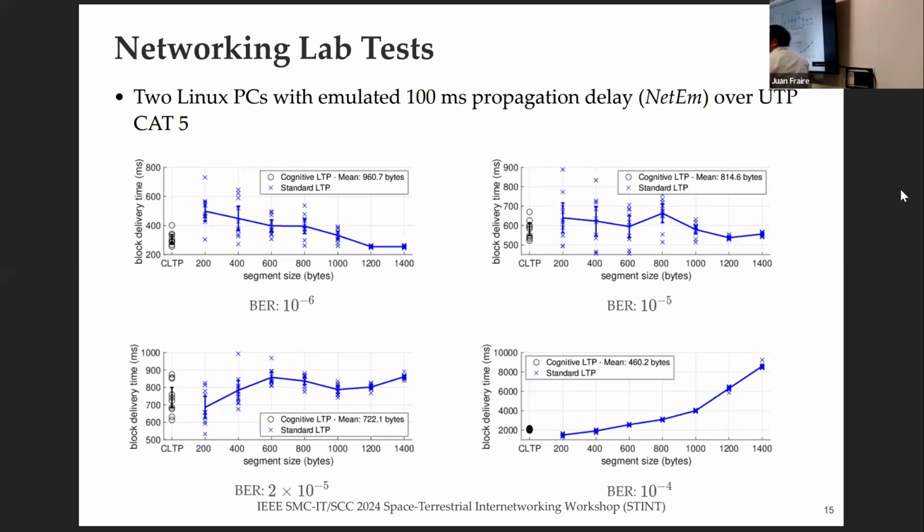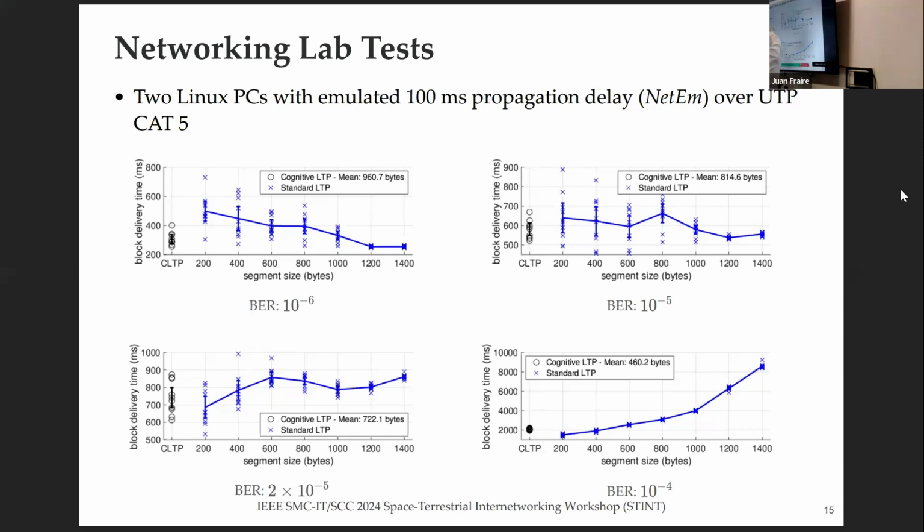That is more or less the expectation, because overhead is something that needs to be transmitted and consumes bandwidth, and so on. So in this case, it makes sense to use a larger segment than a smaller segment. What you see here are the results obtained with this adaptive method. Again, this is delivery time, right? So you see that the delay that we obtain more or less corresponds to the lowest delay that we observe by fixing the segment size.